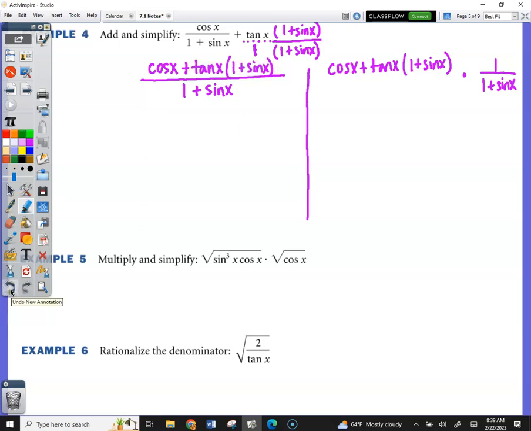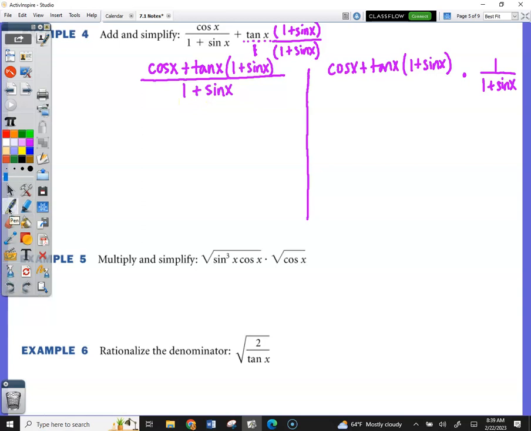Okay, are you trying to cancel that? You can't cancel that because this tan right here, even though that is attached by multiplication, that tan in front of it is attached by a plus sign. So this is being multiplied with the tan, so we can't cancel that out.